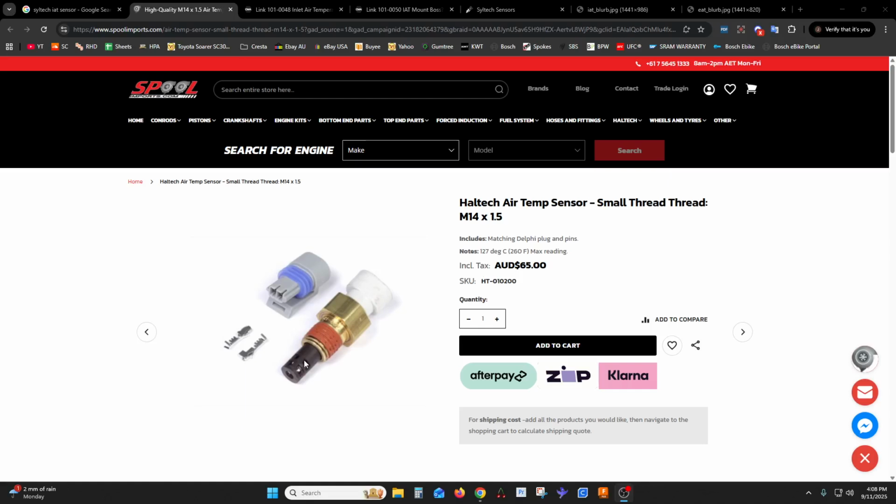And so you don't want to put an old technology sensor on a modern ECU or a modern setup. Now, what would you consider a modern setup? So, say, and Haltech would be similar to this, but I'm going to talk about Link because that's what I've got. In Link, if you're running flex fuel, it's actually called.